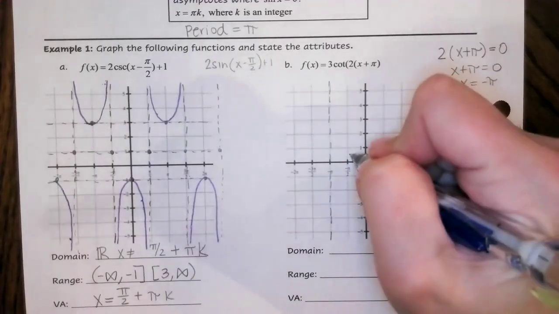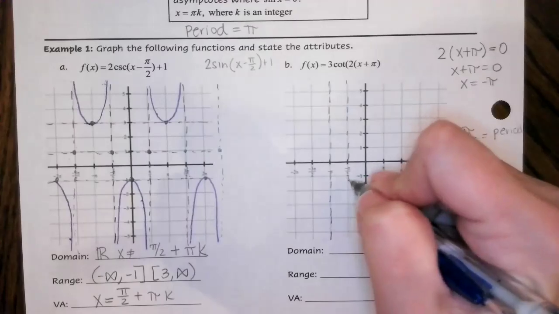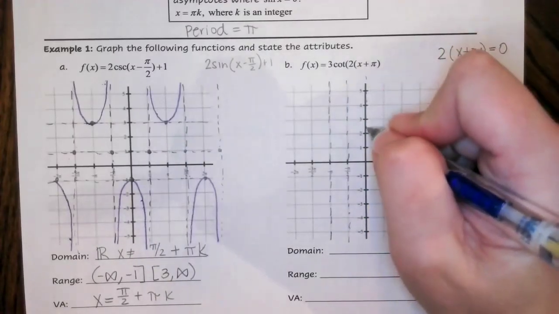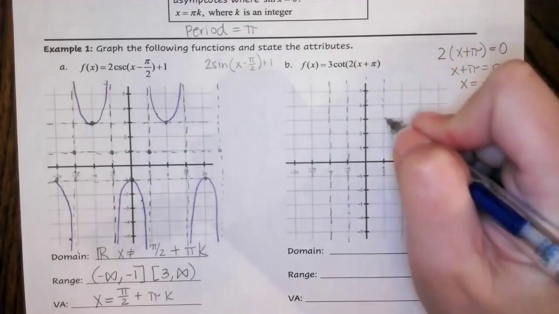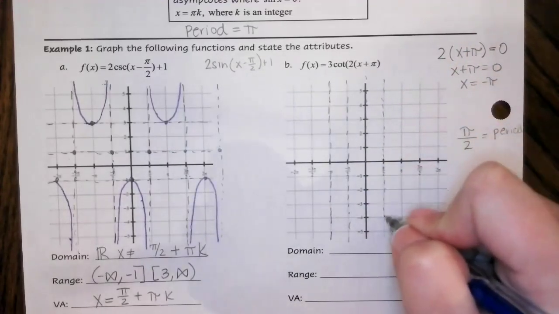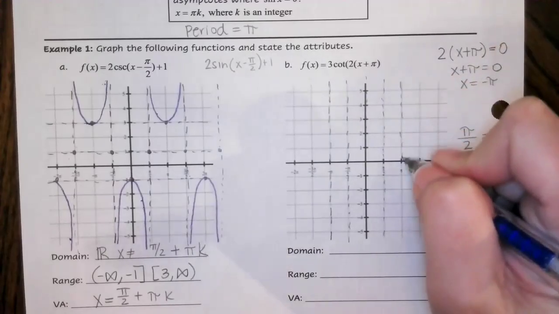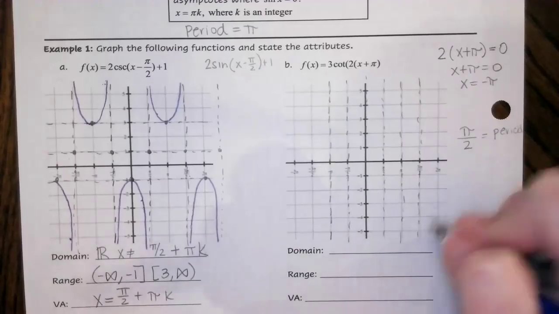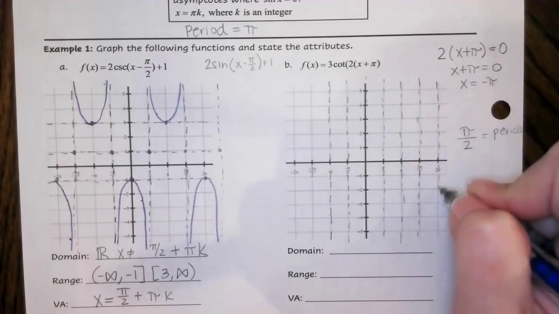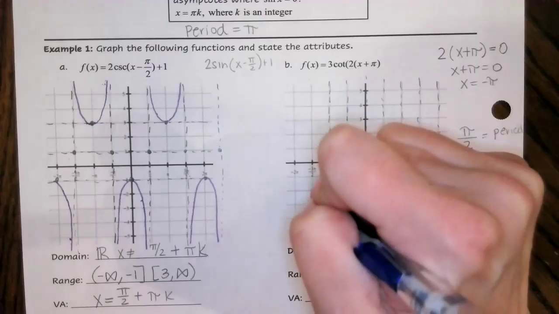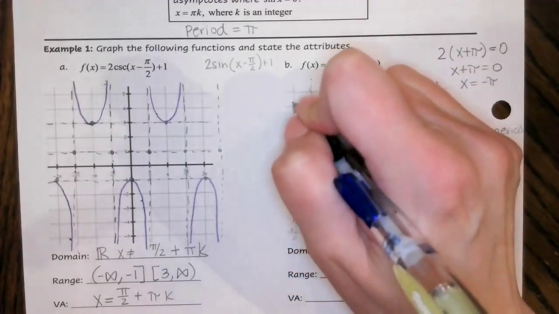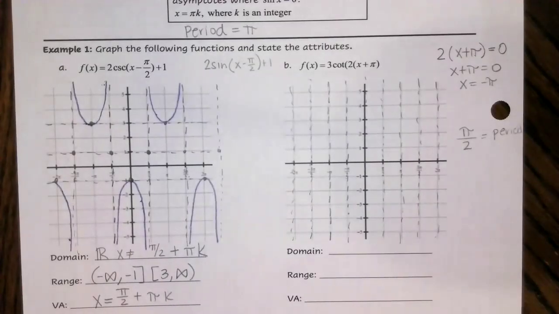So pi over 2, that's this one right here. And then pi over 2 is on the y-axis, and pi over 2 is right after that. So we are going to have a ton of these. I'm going to go ahead and sketch these. They are dashed lines. Remember, asymptotes are not part of the graph either. And so there is our graph.